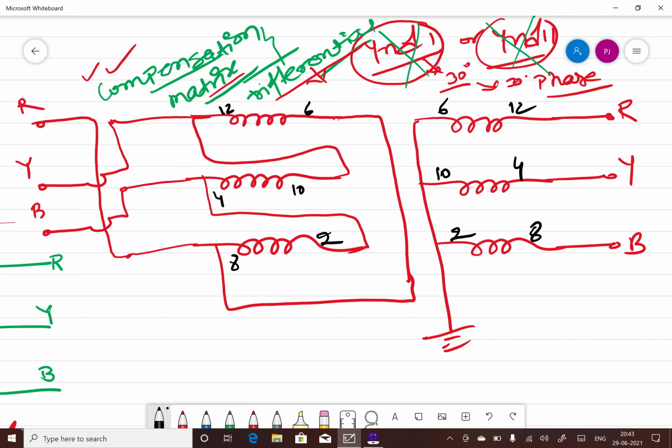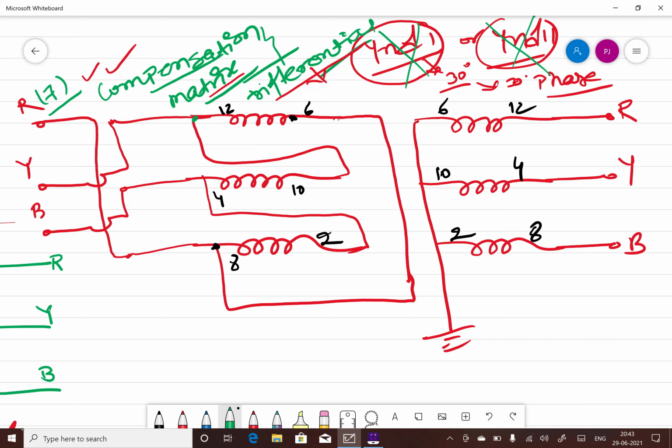Now this is your R phase. So where is your R phase connected? R phase is connected between this 8 and, if you look here, 6. So between 6 and 8 the R phase is connected, and you know what comes between 6 and 8? It is 7. So this is your R phase. Now where is Y phase connected?